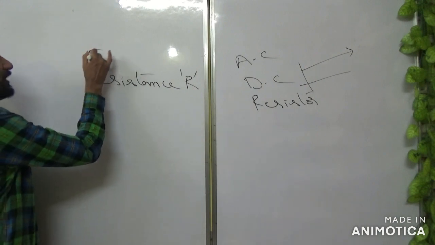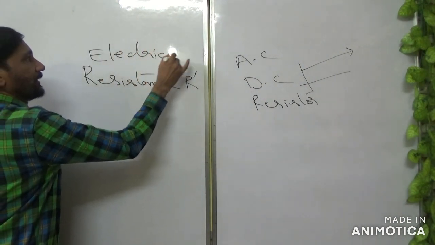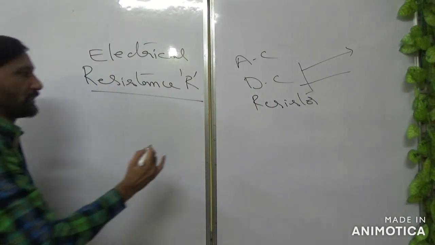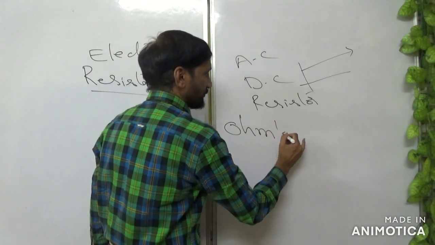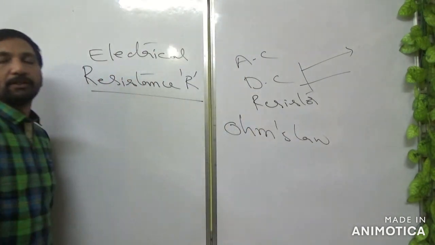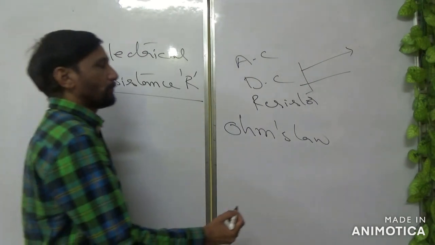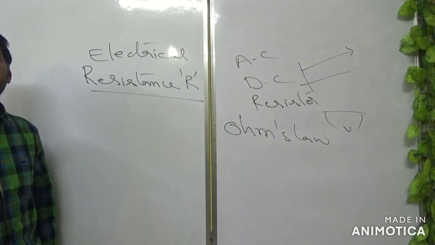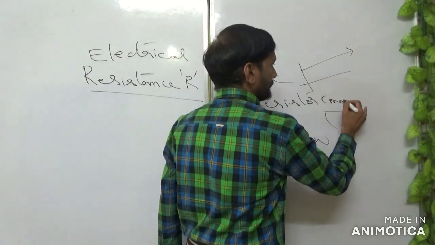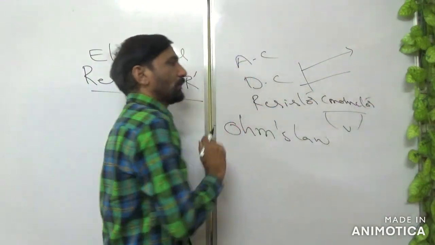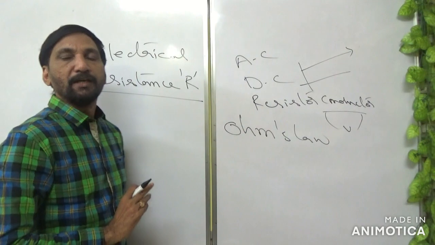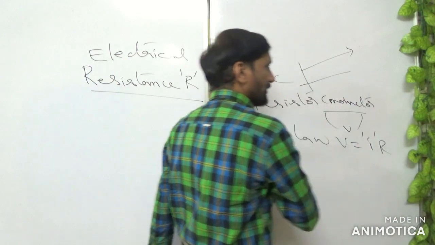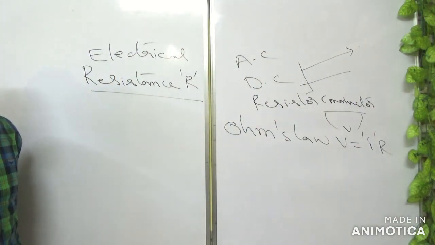So how do we define this electrical resistance? This can be defined by using Ohm's law. According to Ohm's law, the potential difference between the ends of a conductor is given as IR, current into electrical resistance.